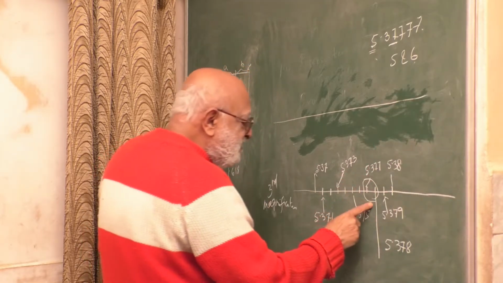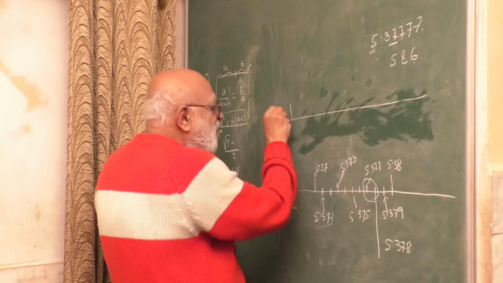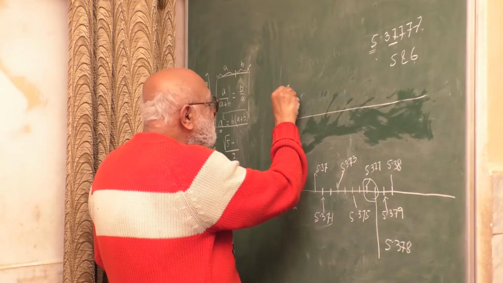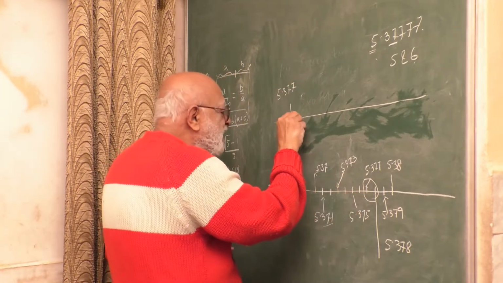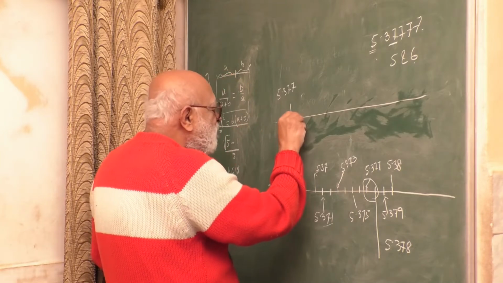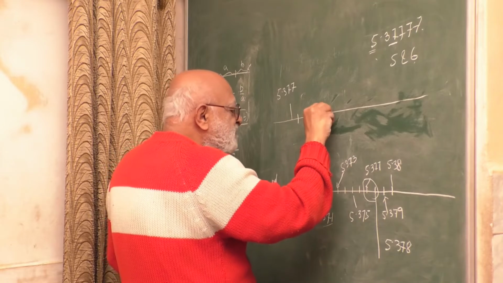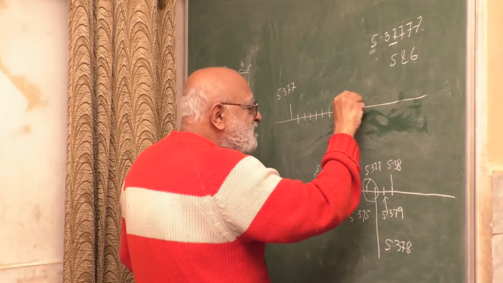Again I will take this line, my 5.377, and divide it again. This interval you divide: 1, 2, 3, 4, 5, 6, 7, 8, 9, and this is the 10.